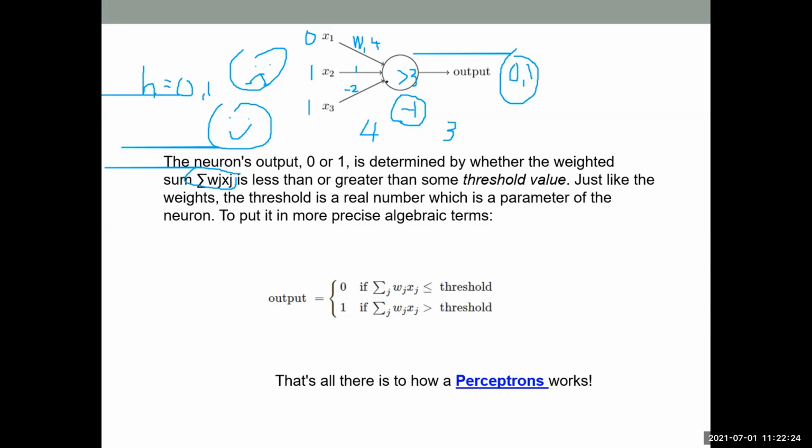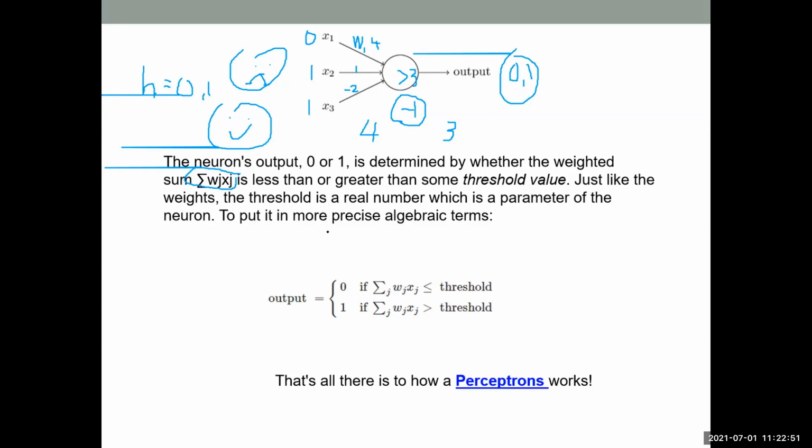So whenever it's greater than 3, we'll predict a 1. Whenever it's less than 3, we'll predict a 0. Now I'm going to change that threshold to 5. Whenever it's greater than 5, we'll predict a 1. Whenever it's less than 5, we'll predict a 0, right? We set that up in advance, and then we start running this thing. Okay, just like the weights, the threshold is a real number.